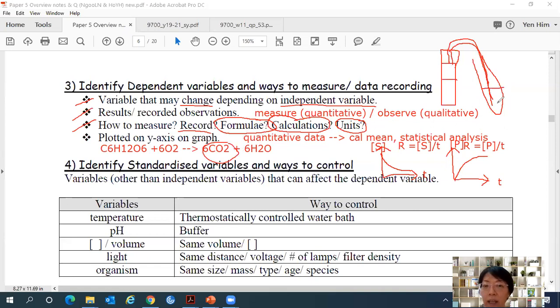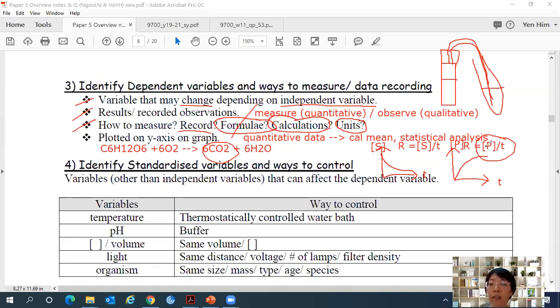So in this kind of setup, when I want to measure the rate of reaction, I will actually measure the number of bubbles released per unit time. So I'm measuring CO2, and my formula now for this reaction is number of bubbles per unit time. So you know that you need to fix the time and measure the product in this case.